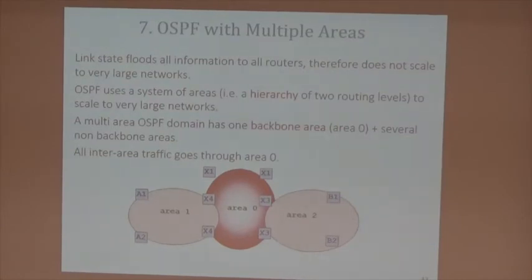It's not an arbitrary tree of any shape. It's just a two-level hierarchy with a root, which is area 0, and the leaves, which are the other areas. And all inter-area traffic has to go through the backbone. So if A1 has some traffic to send to B1, it has to go through the backbone, through area 0. That's the principle.